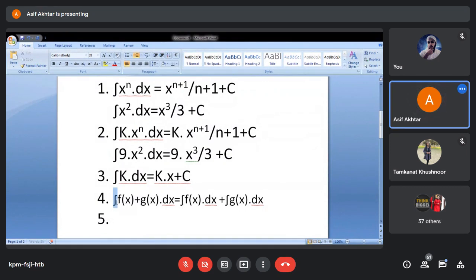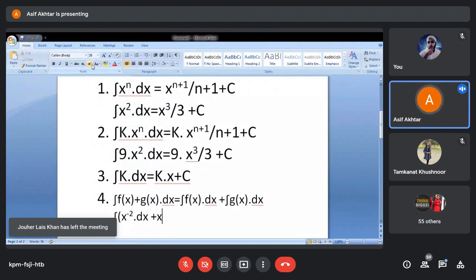of (x raised to the power minus 2 dx plus x raised to the power 5 dx).